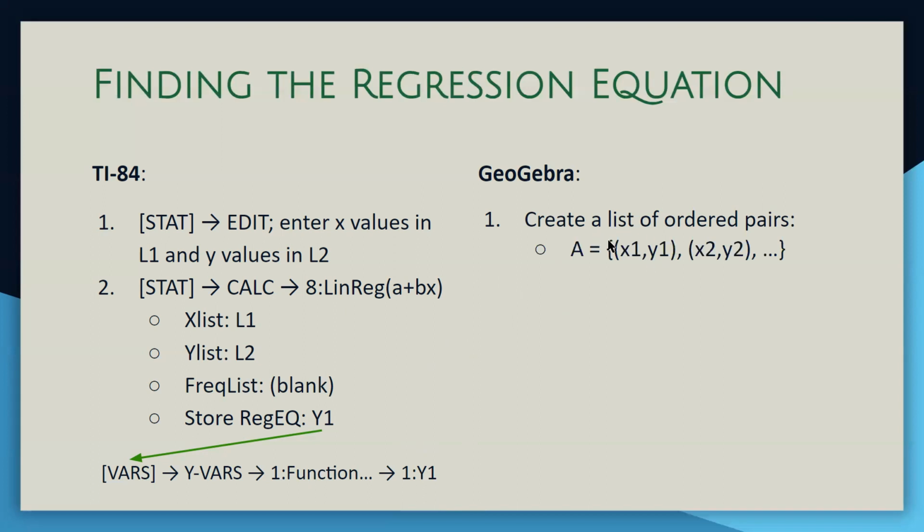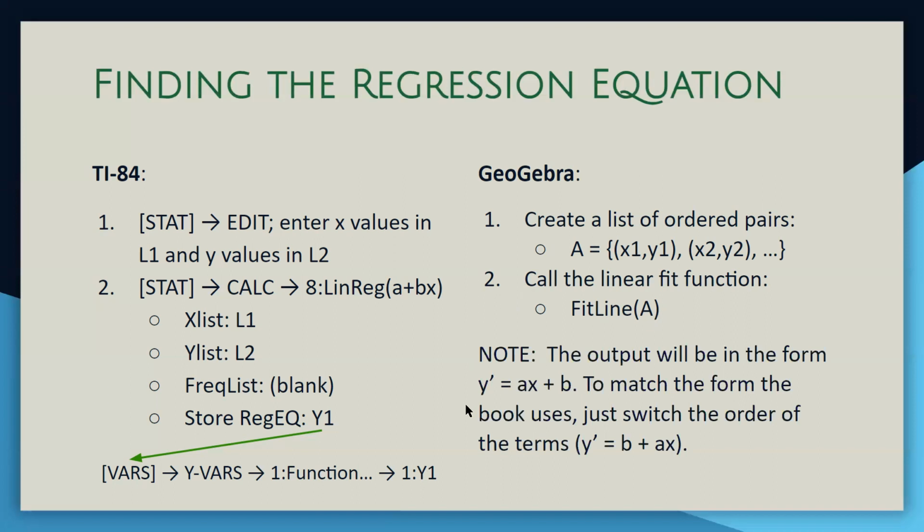So first point, comma, second point, comma, third point, and then that whole list surrounded by curly brackets, and you have to give that list a name. Once you've entered your data, you're going to call the linear fit function, which is called FitLine. So FitLine, and then in parentheses, whatever you named your list.